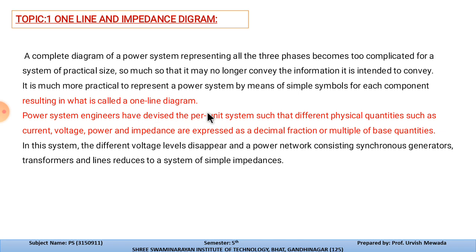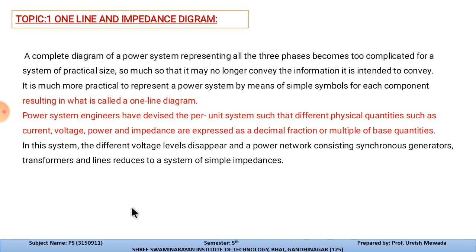In a power system, engineers have devised the per unit system, such that different physical quantities such as current, voltage, power and impedances are expressed as a decimal fraction or multiple of the base quantities.